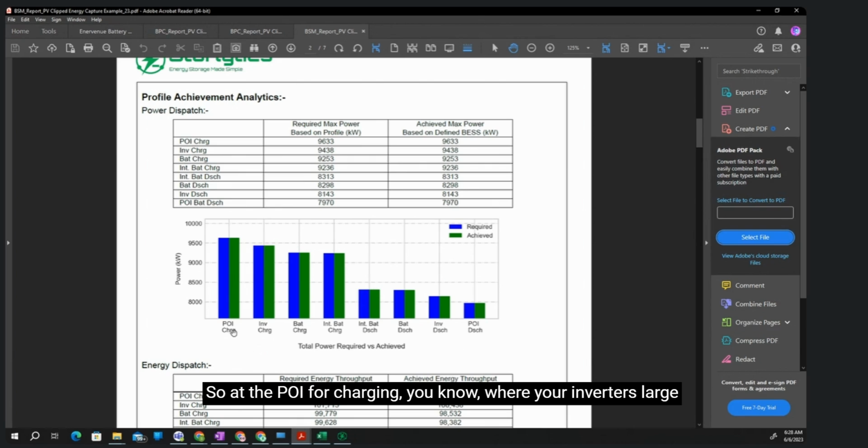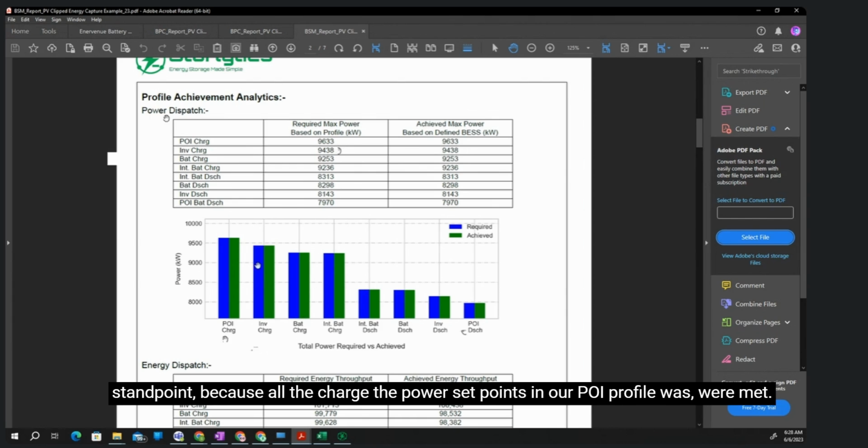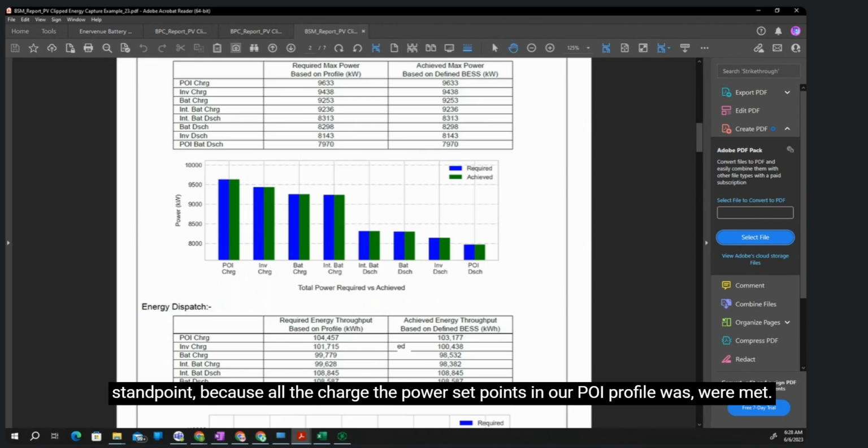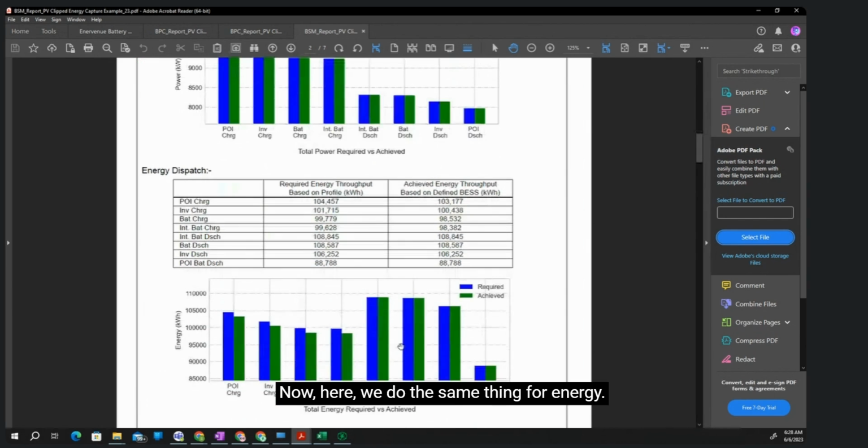So at the POI for charging, were your inverters large enough to charge what seems to be 9.6 megawatts here? As you can see, yes, we adequately sized our battery system from a power standpoint, because all the power set points in our POI profile were met. Now here we do the same thing for energy, right?